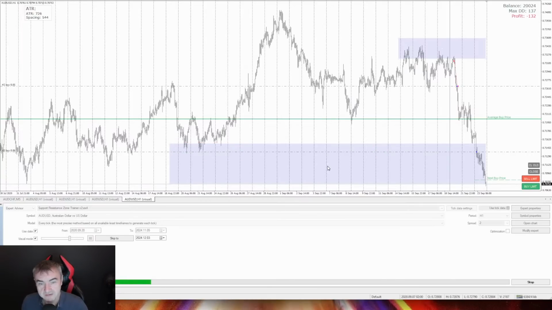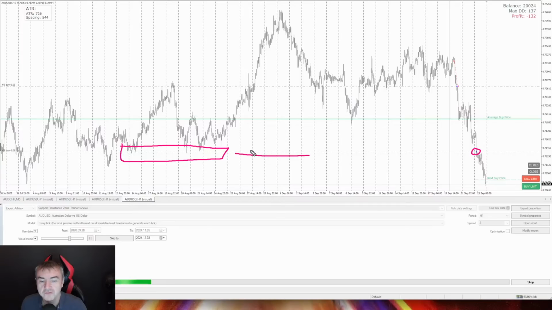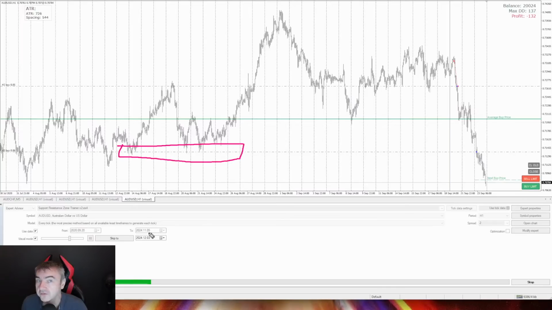I mean, you should, in theory, know where the zone was. So if that was deleted, when you come to your chart at this time of night and you go, oh, why did I take that trade? If you don't know where you drew the zone, something's wrong. Because you should be able to look at that and go, oh, well, that's why that trade was taken, because this is where I drew the zone. It's a discretionary strategy, so you should be able to draw the same zone twice.